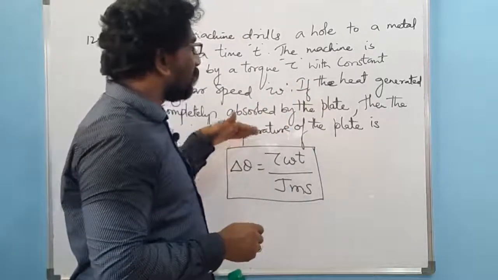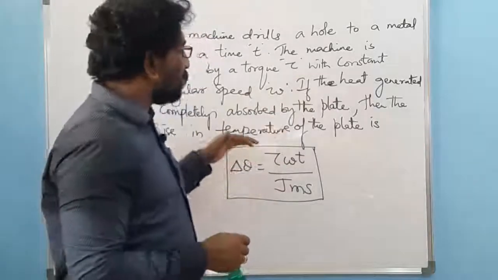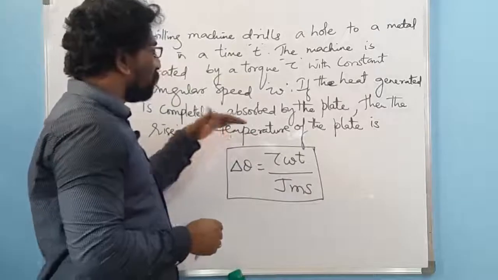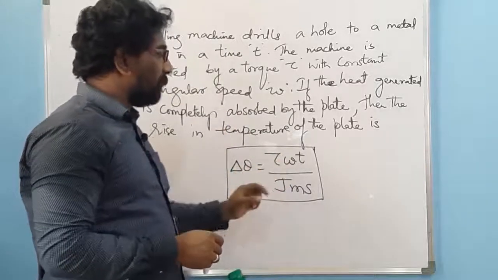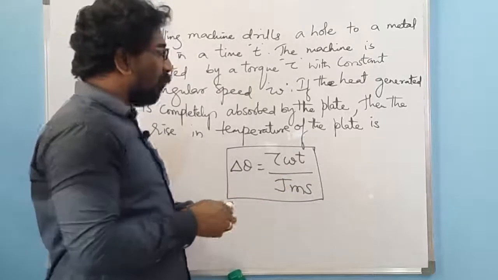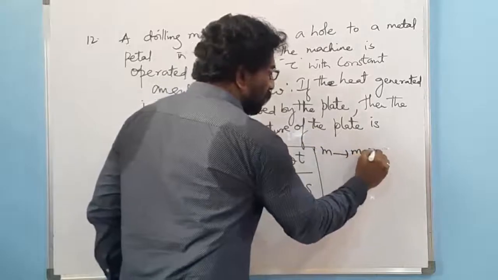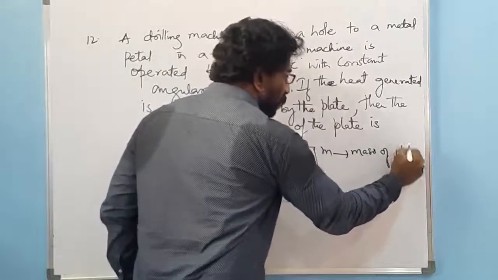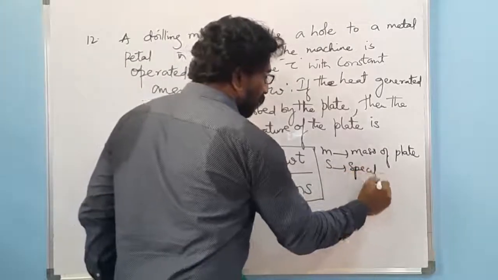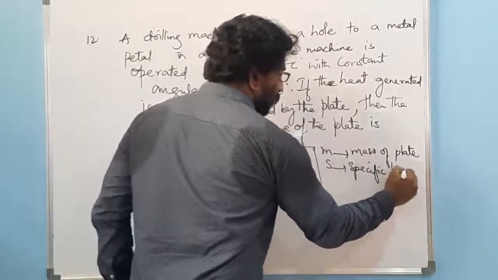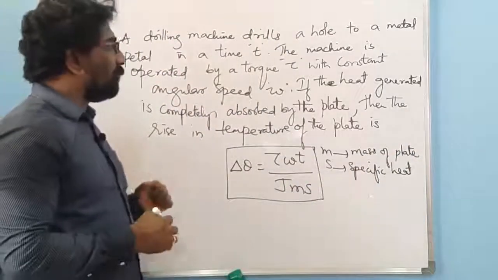The rise in temperature of the plate is calculated as delta theta equal to tau omega t over Jms. M is the mass of the plate. S is the specific heat capacity of the same substance. So this is the next kind of application of Joule's law.